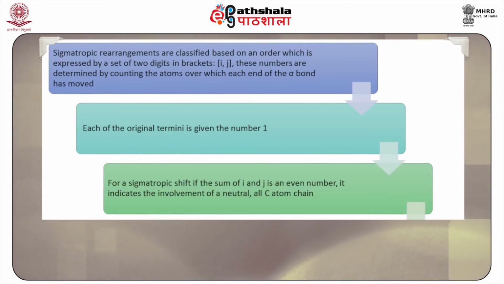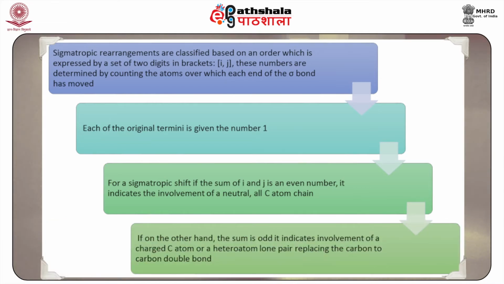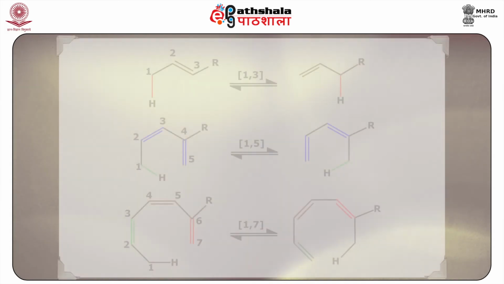For a sigmatropic shift, if the sum of i and j is an even number, it indicates the involvement of a neutral all carbon atom chain. If on the other hand the number i plus j is odd, it indicates involvement of a charged carbon atom or a heteroatom lone pair replacing the carbon to carbon double bond.